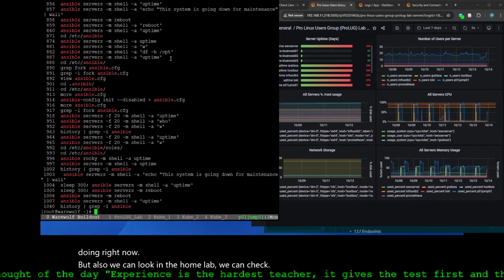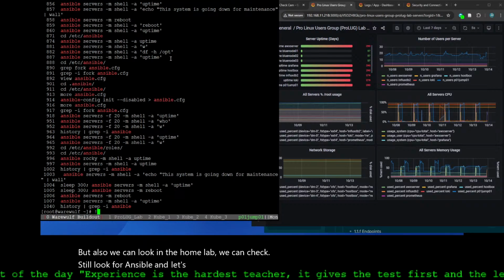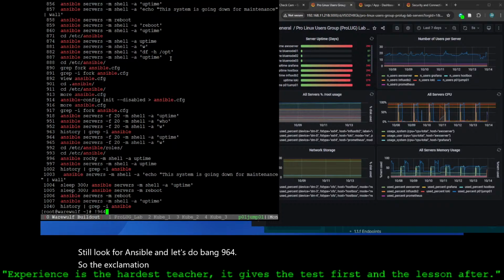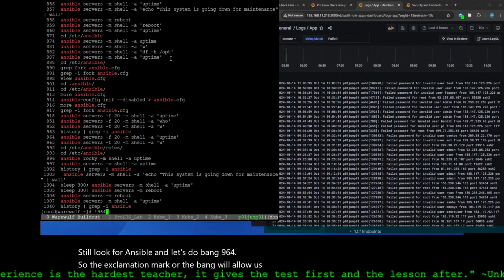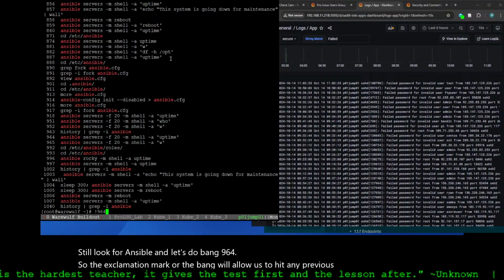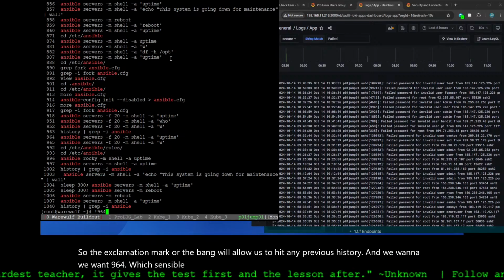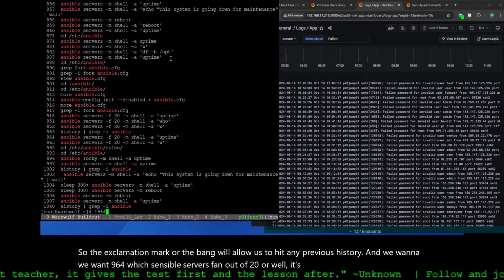Let's go look for Ansible and let's do bang 964. The exclamation mark, or the bang, will allow us to hit any previous history, and we want 964, which is Ansible servers, fan out of 20, or well, it's not fan out in this sense, it's fork.